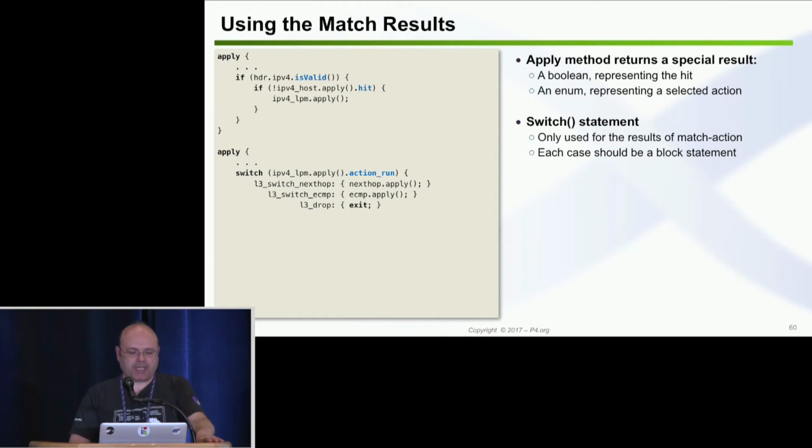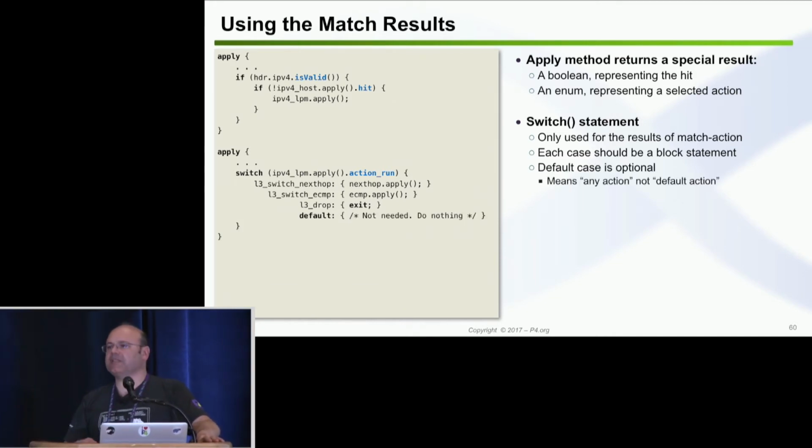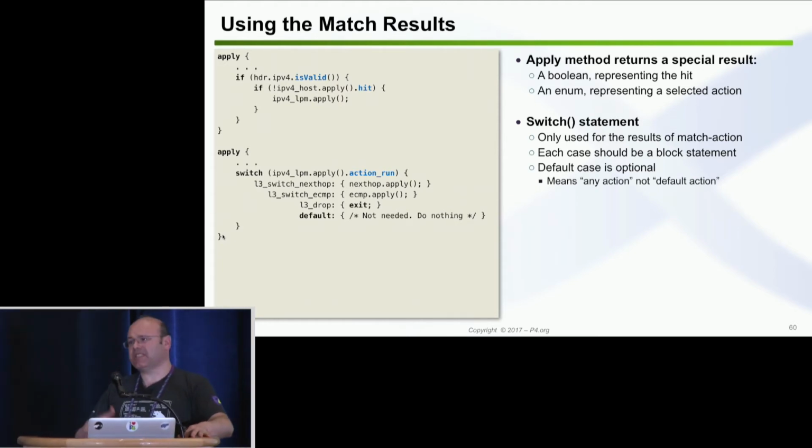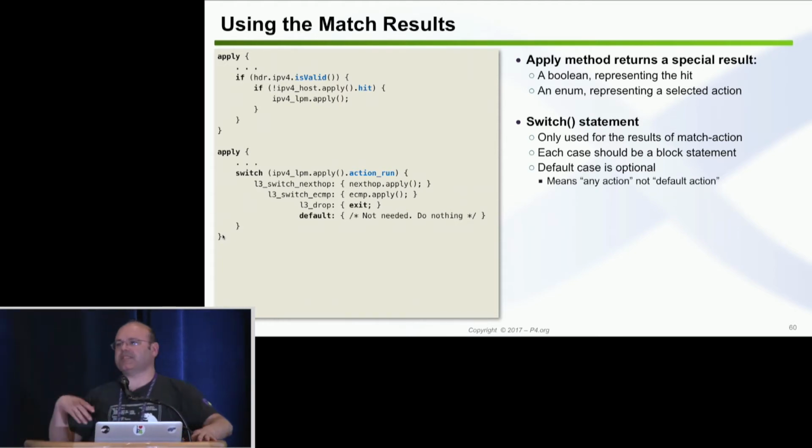So, for example, if the action was switch next hop, then I probably need to apply my next hop table. If the action was switch ECMP, I need to do a lookup in my ECMP table. And if there was a drop, I will use a special operator called exit, which means I want to go right to the very end of my whole apply block. And so that's very useful if you decided to drop the packet and you don't want to do any processing. It is basically a go to the very end of the top level control.